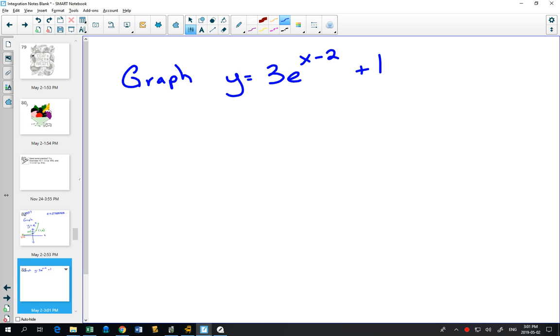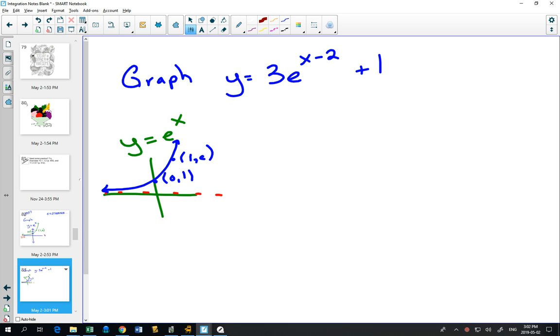The base is e, so off to the side, you might quickly draw your parent graph e to the x. And like we did prior with our other ones, I'm going to put a box around my parent graph just to make sure that's not part of my transformations. And now I can label all of the transformations.